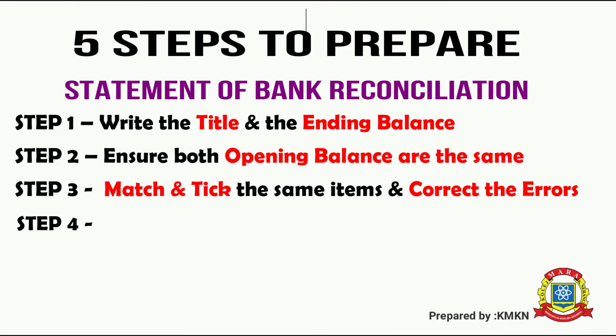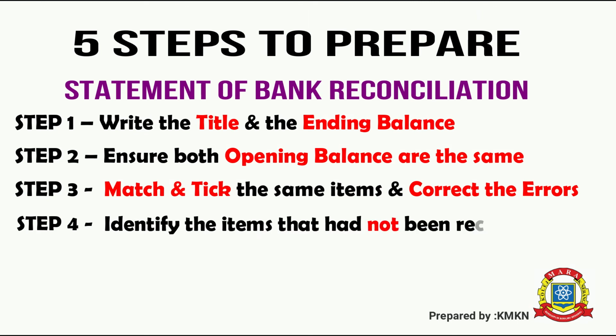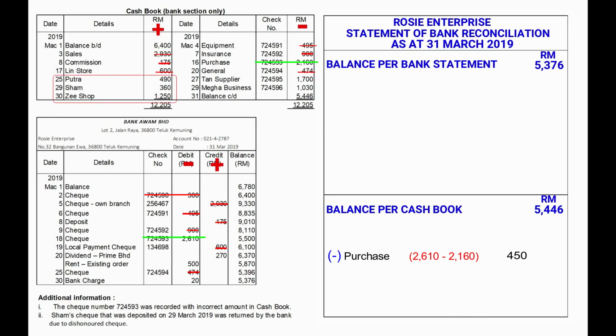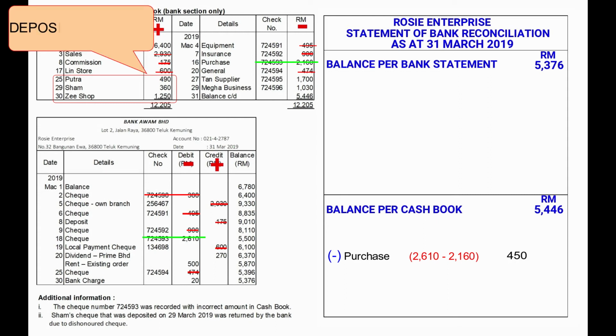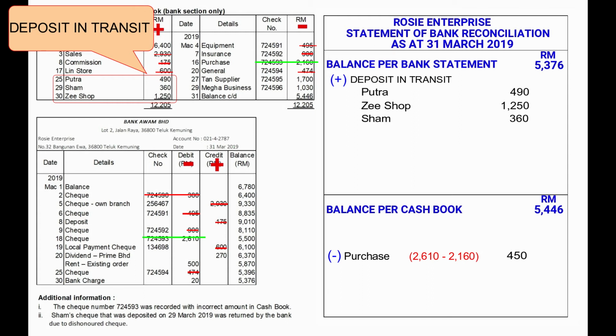Next, step 4 is for you to identify the items that had not been recorded in bank statement. Items appear in the debit side of the cash book but do not appear in the credit side of bank statement are known as deposit in transit. All the items should be added to the bank statement balance. But before you consider all of the items as deposit in transit, you have to check the additional information.